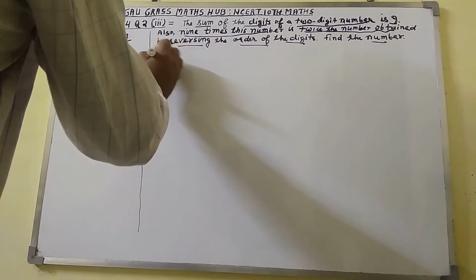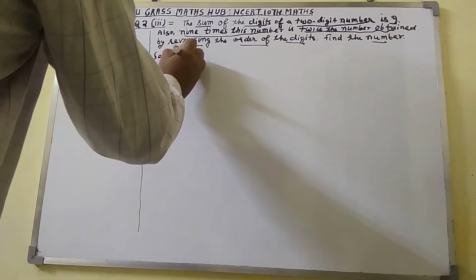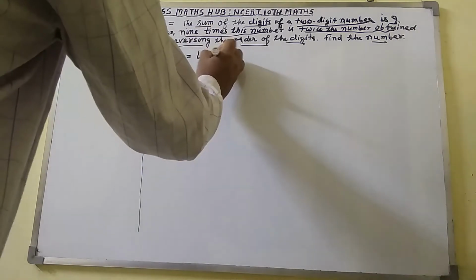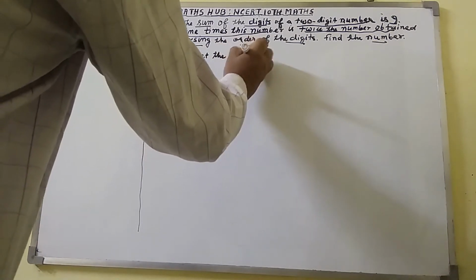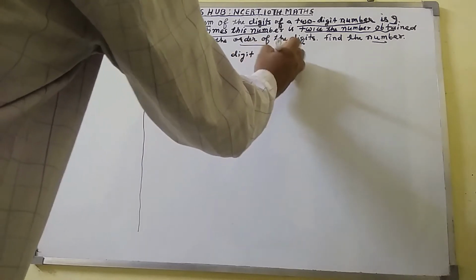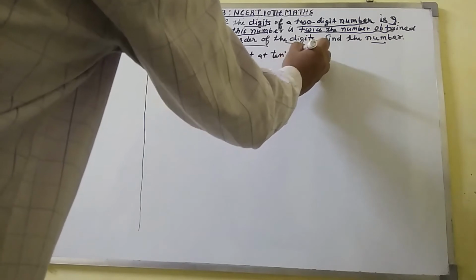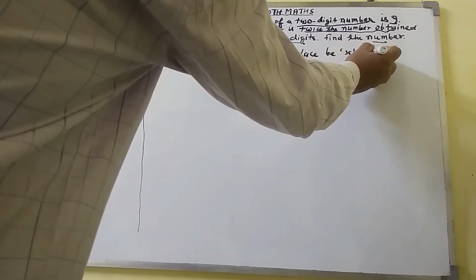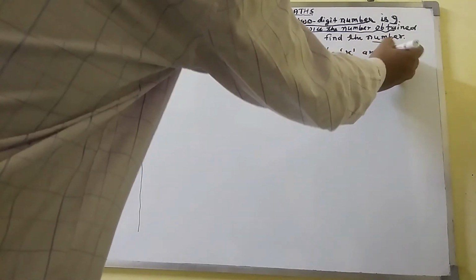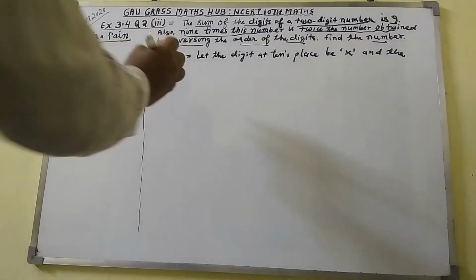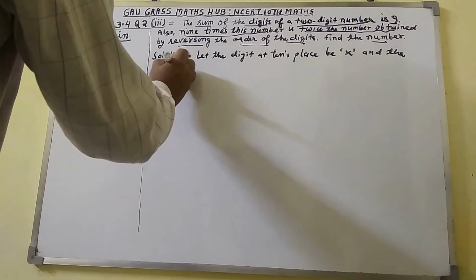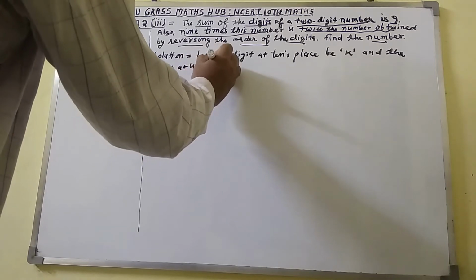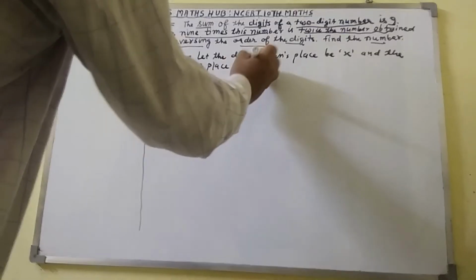Now come to the solution. Solution: let the digit at tens place be x and the digit at unit place be y.